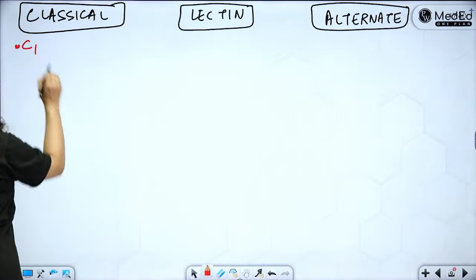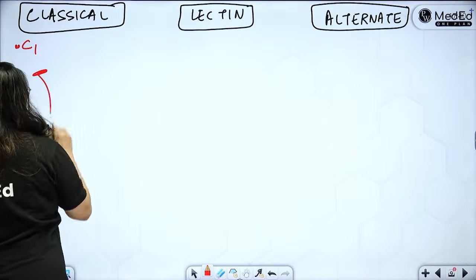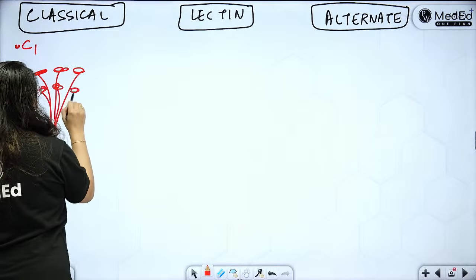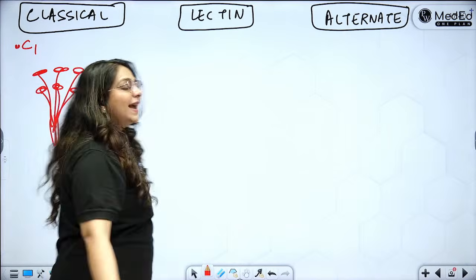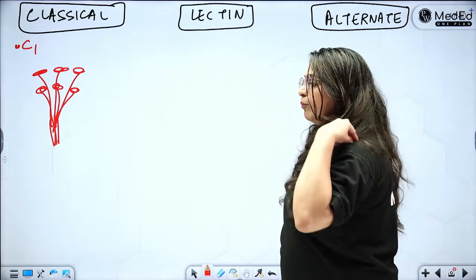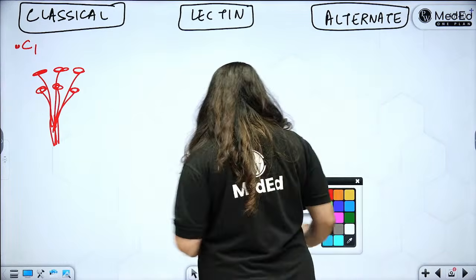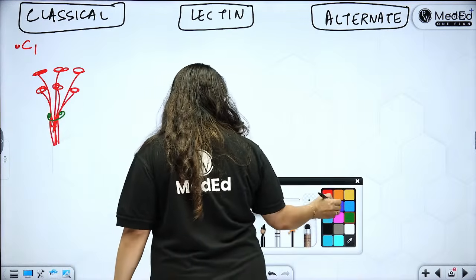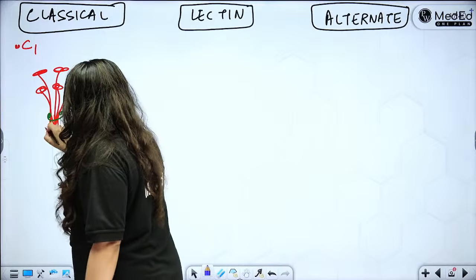Let's suppose that C1 looks something like this. It's like a 6-unit bunch of flowers. This is C1. What is attached to C1? It has some proteases and esterases attached to it. So with this, there are 2 enzyme-type units attached, which are the proteases and esterases.